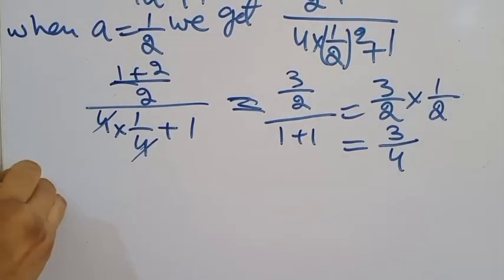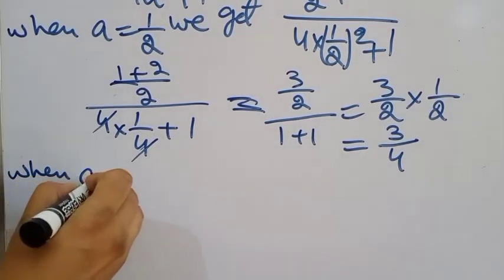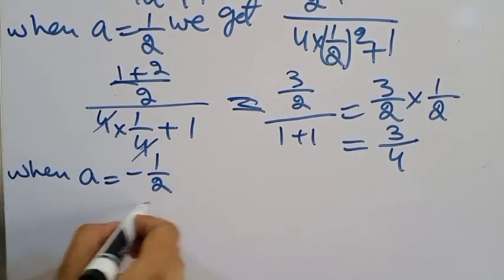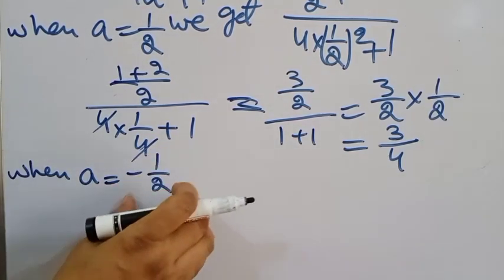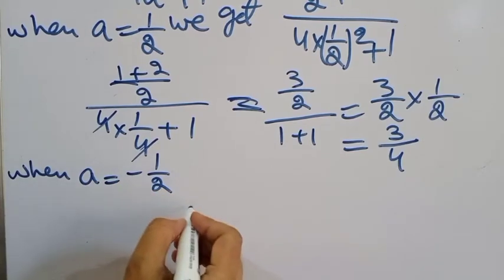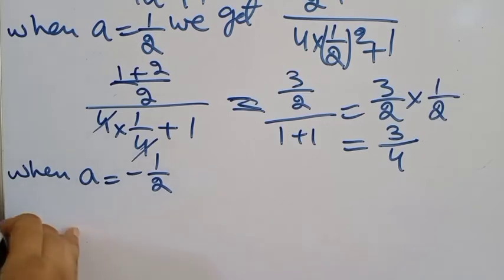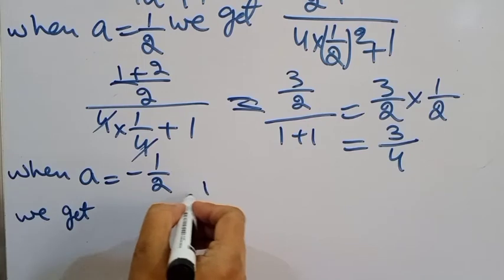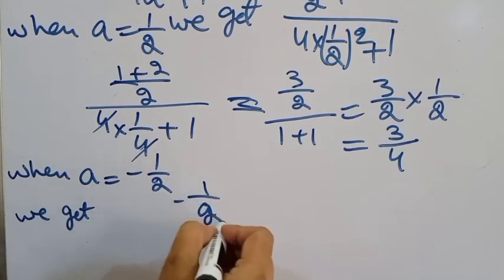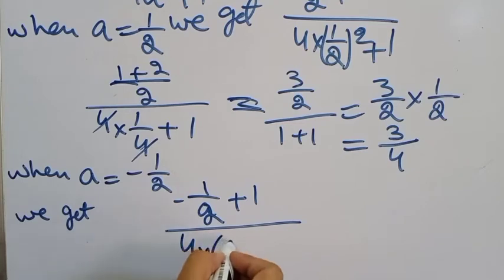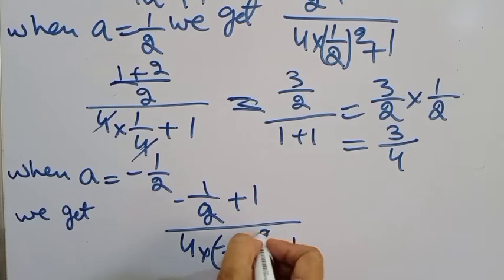Next we have when a is equal to minus 1 by 2. Putting this value in a plus 1 divided by 4 a square plus 1, we get minus 1 by 2 plus 1 divided by 4 into 1 minus 1 divided by 2 whole square plus 1.